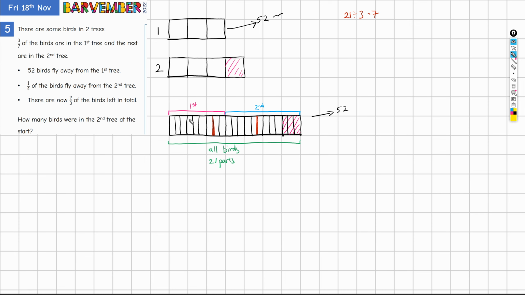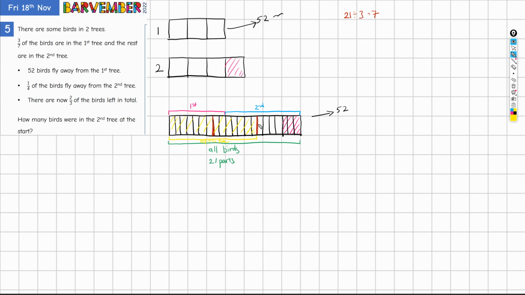Well, I could shade that in if I wanted. These are the birds that are left in the tree. Okay. And what that shows me is, because I know that these are all the birds that are left, the others must be gone. I've already accounted for these. These are the quarter of the birds in tree 2 that left.